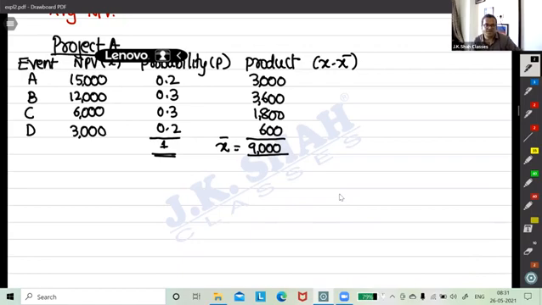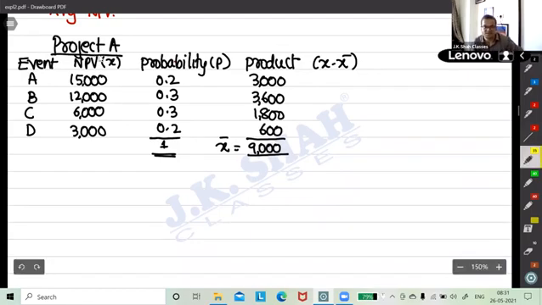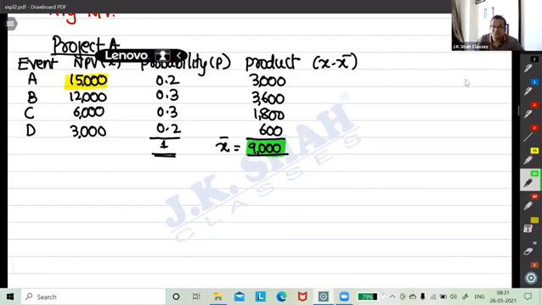Correct. So, for example, your x is 15,000 and the bar is 9,000. So, how much did you deviate from the bar? 6,000. Understand?